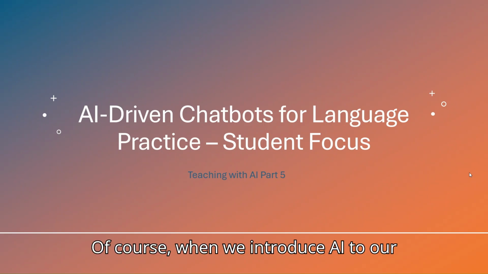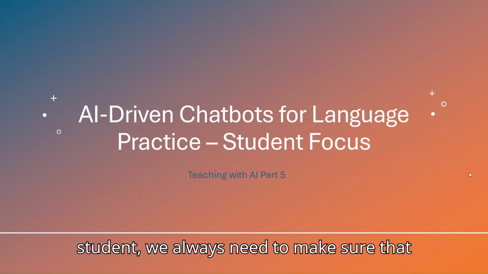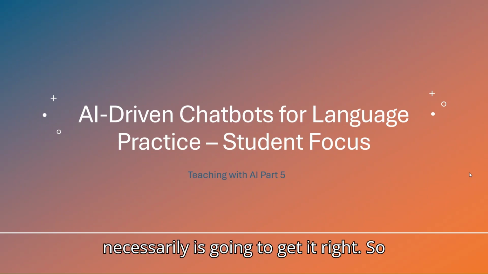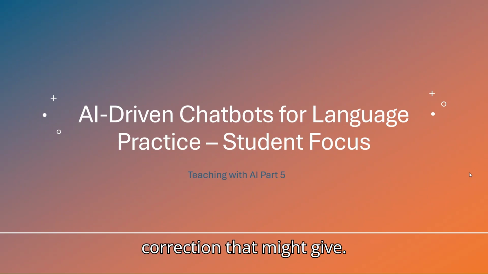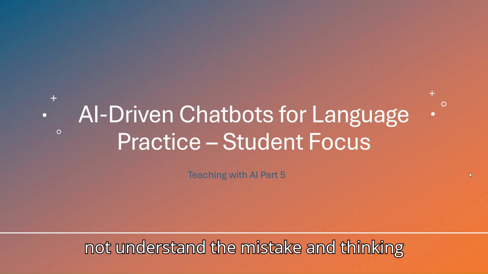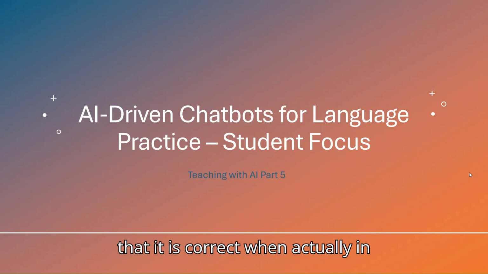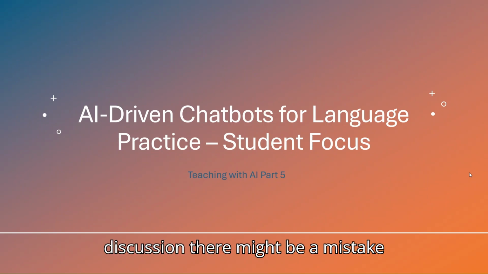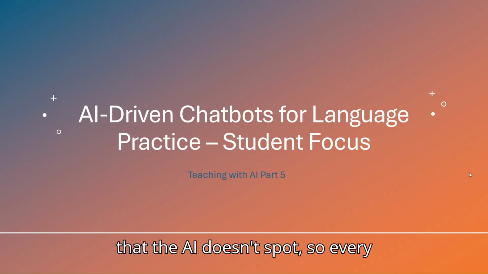And of course, when we introduce AI to our students, we always need to make sure that it is clear to the student that AI is not necessarily going to get it right. The corrections it gives might not be really precise, and the AI might not understand a mistake and think it is correct when actually, in that specific topic or discussion, there might be a mistake that AI doesn't spot.